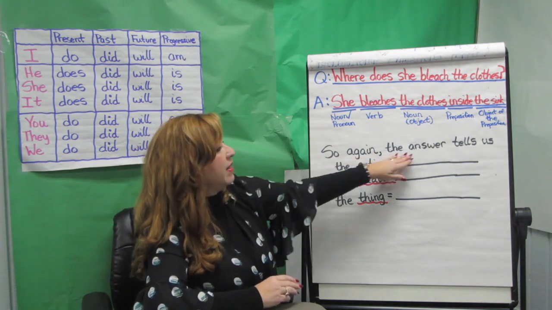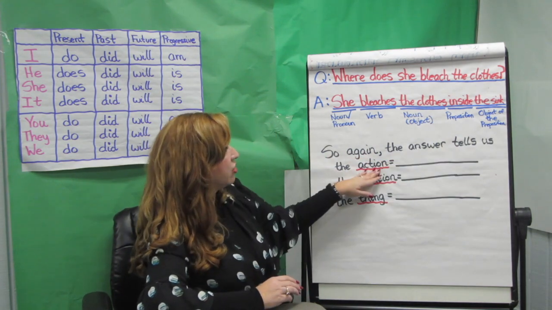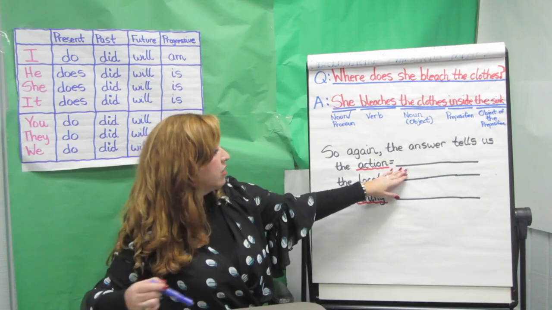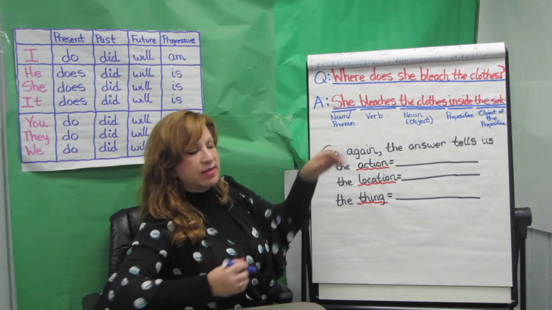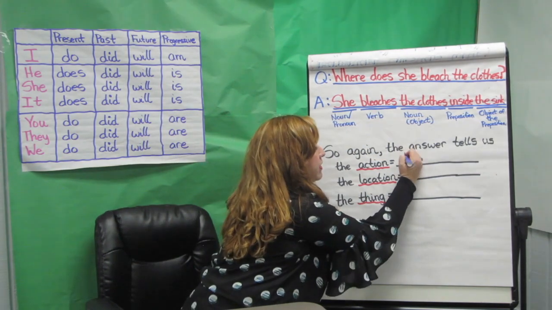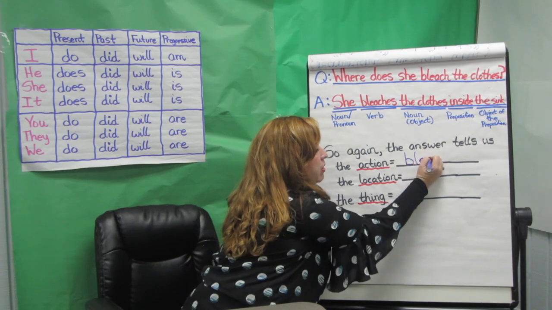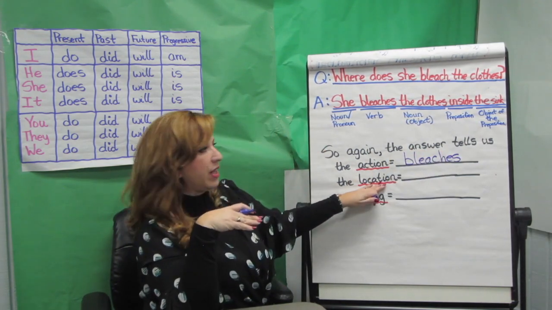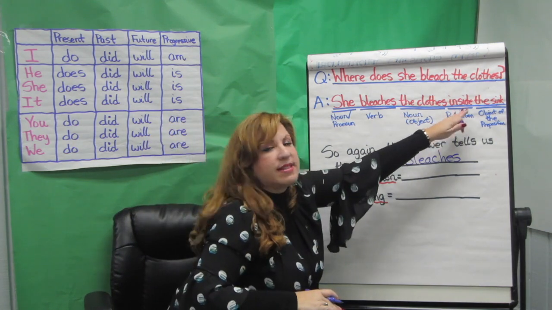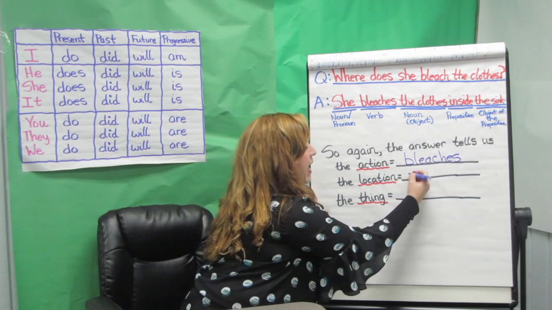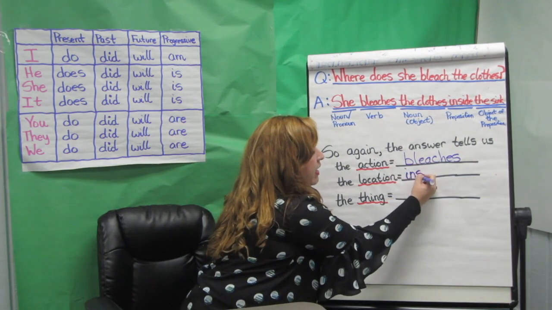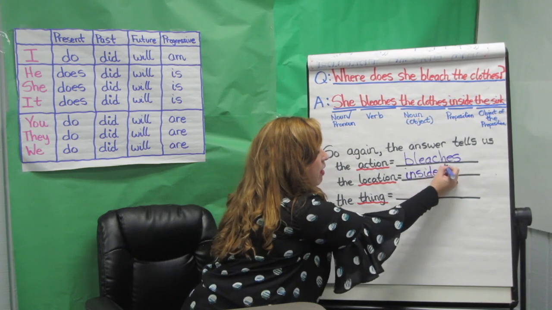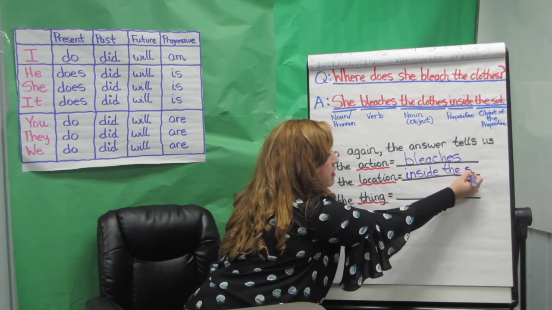Again, the answer tells us the action. What is the action? Bleaches. So we could say the action is she bleaches. The location is inside the sink. That would be answering the where.